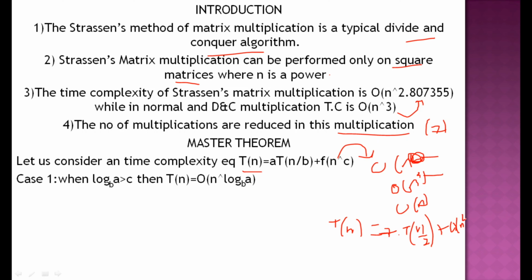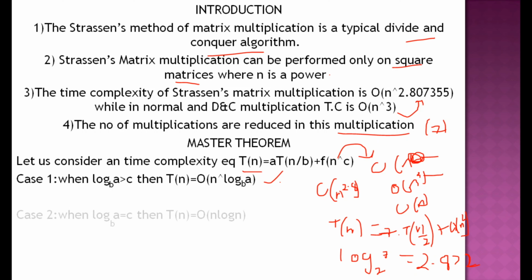So log a to the base b, that means log 7 to the base 2, is equal to 2.8. So 2.8 is greater than the c value, that is 2, so the time complexity is order of n to the power of 2.8. This case is used for this multiplication method.